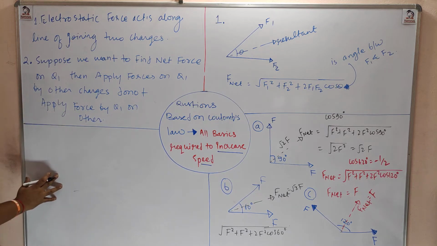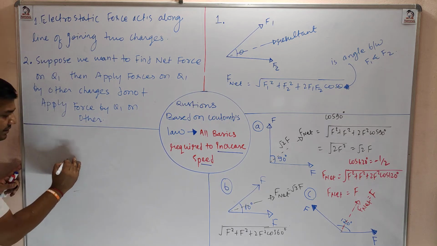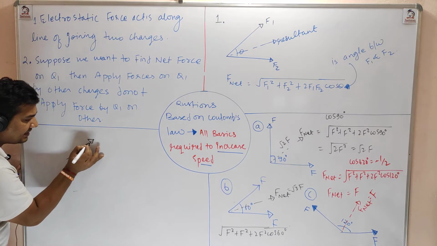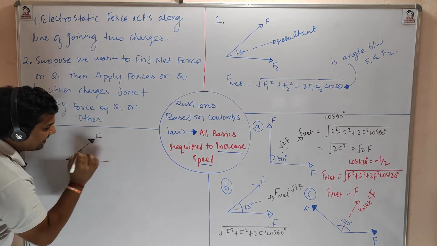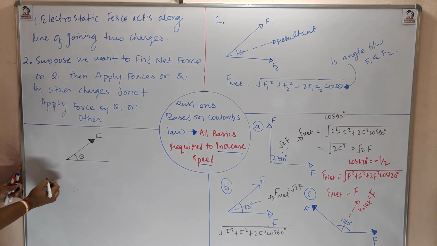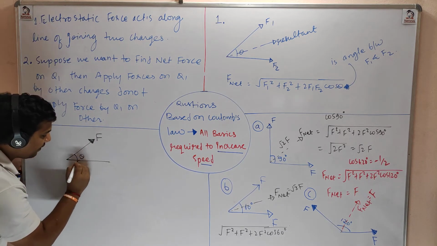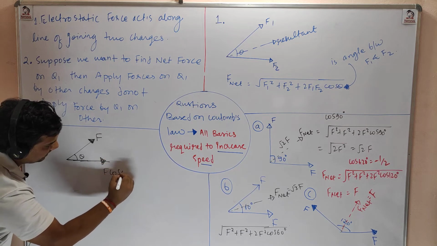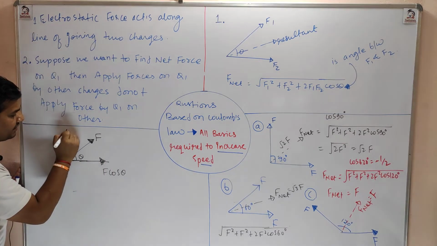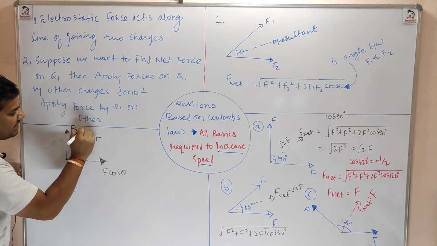Now the next basic, always remember: suppose we have a force F at an angle theta. We can make two components of this force, one horizontal component F cos theta and the other vertical component F sin theta.